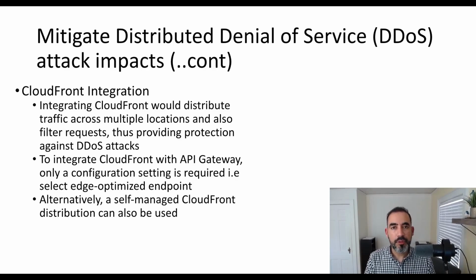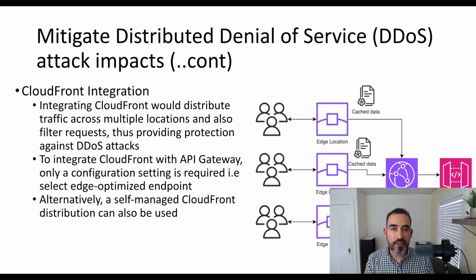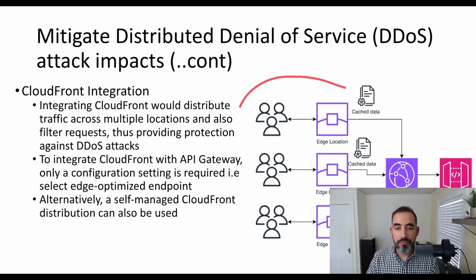We also use CloudFront for DDoS mitigation as well. CloudFront, as you know, is Amazon's CDN service, and it provides edge locations across the globe. It caches data on those edges and serves user requests from those edges if you have configured caching correctly. We can leverage this architecture for DDoS protection as well, because if users are being served from a specific edge location, even if they initiate a DDoS attack, the requests are not coming to our infrastructure.